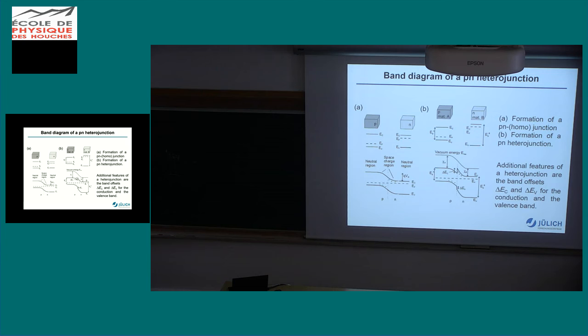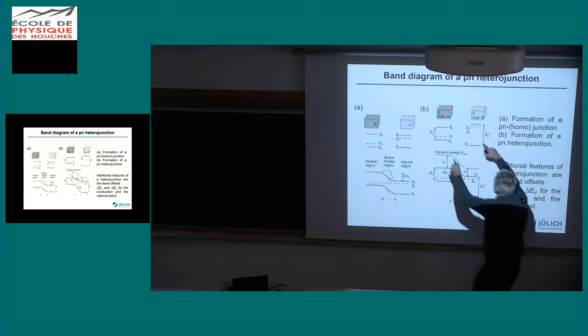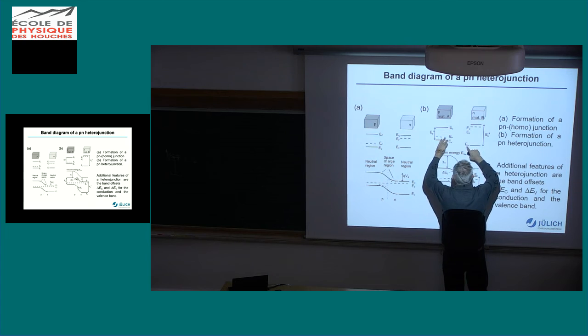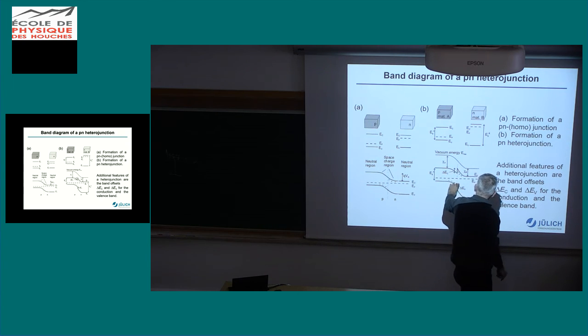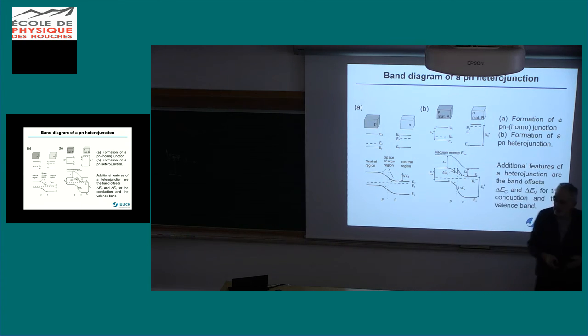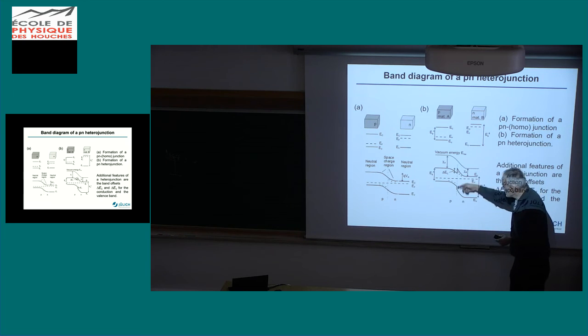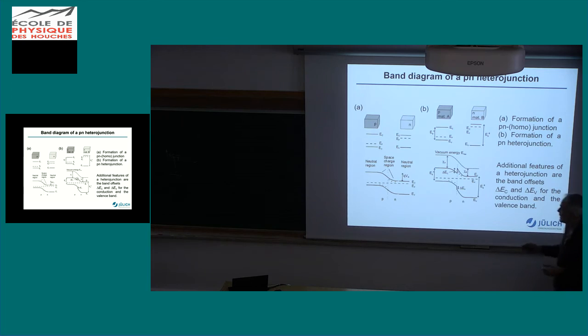If you bring it together, you preserve these differences that then make the band discontinuities, so band going up and down, or both going up, depending on everything. That's seen here. But at the same time, you need to equilibrate the Fermi levels of both systems.